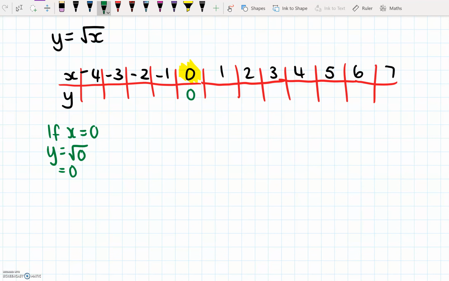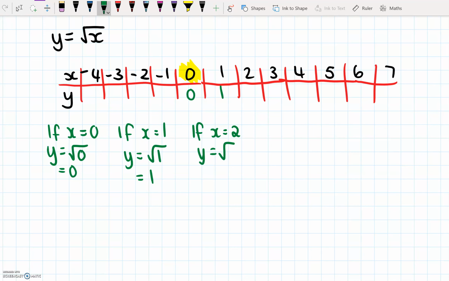So that's an easy one. If x equals 1, y equals the square root of 1, and that is equal to 1. If x equals 2, y equals the square root of 2. Remember, we're just substituting those x values in for x up here.